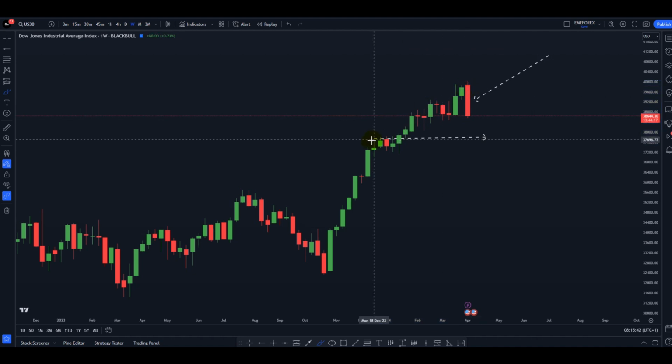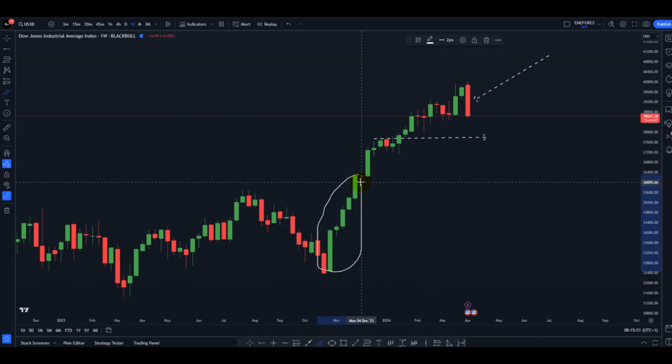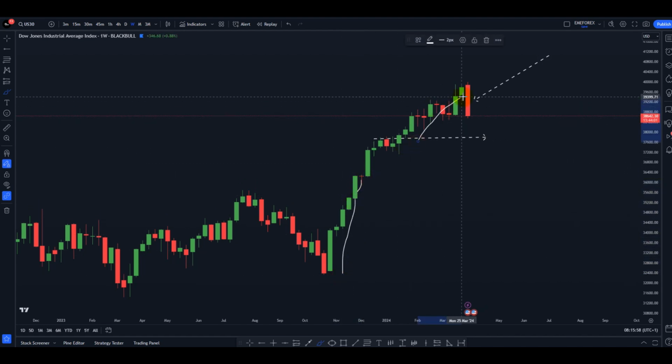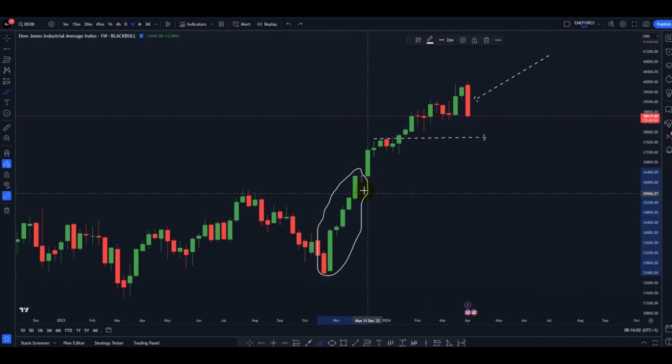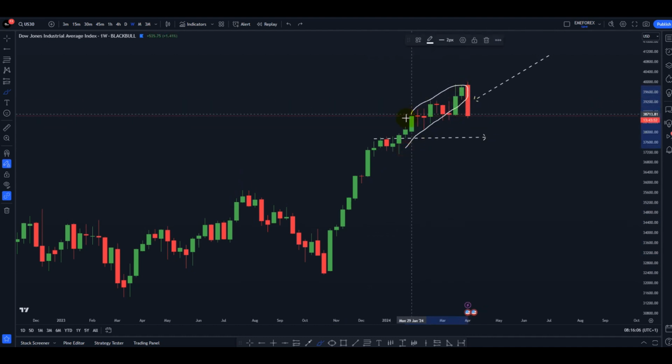Before we got to this region here where we have a choppy buy side, we had a consistent strength, buying consistently, and you can see the build up here versus what we're having here is different. On this side, we have a much more stable and strong buy side. On this level, we're having a contention between buy and sell, and finally the sell kicked in. So we want to see if we can still sell further.